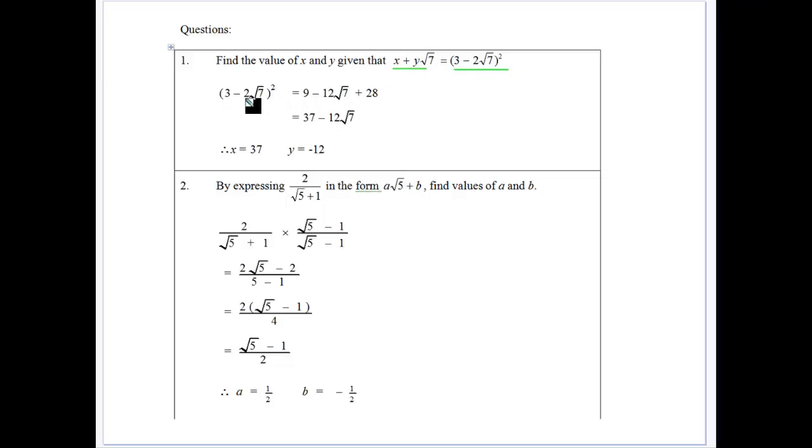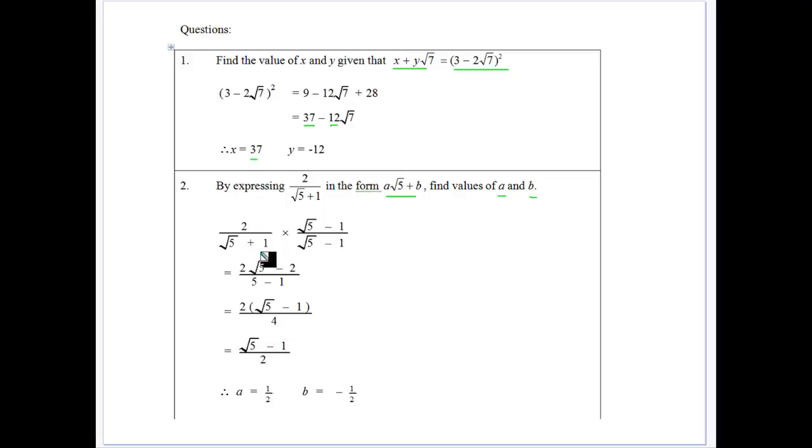It's just a case of expanding it out, multiplying it out, and then collecting any like terms. So we get a rational part, which must match up with the x, and an irrational part, because we've got a root 7, so that must be a root 12 for y. And that's all it is. It's just putting it in a particular form where a and b are rational numbers. So we're going to ignore the surd parts and then put it into that form.